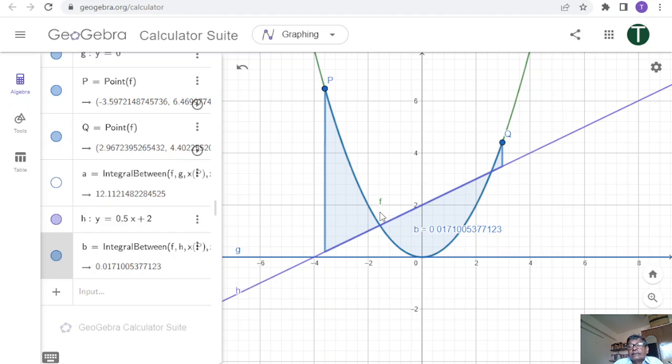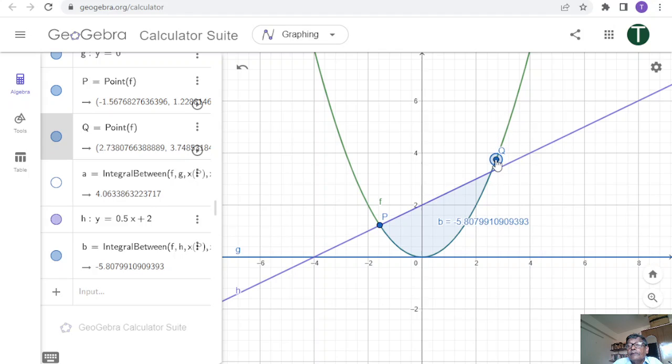Whoever is greater than the other function in a particular interval, the area may turn out to be positive or negative. And since I have integrated from P to Q, for example, you see, if you bring P down to here and Q down to there, this area itself is minus 5.8.